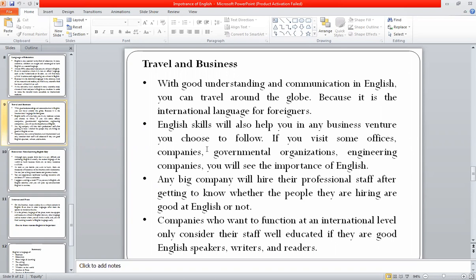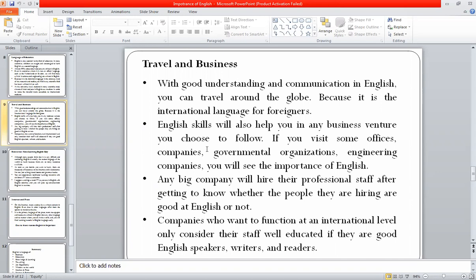Okay, so for getting the international fame, if you want to grow your business at an international level, then it becomes possible when you are making the advertisement of your business in English, and you are reaching to the, what we can say, people. Okay, you're reaching to the group of people, many people.